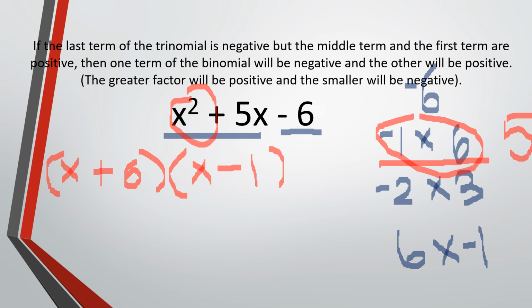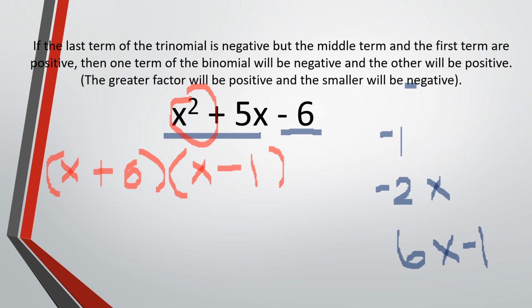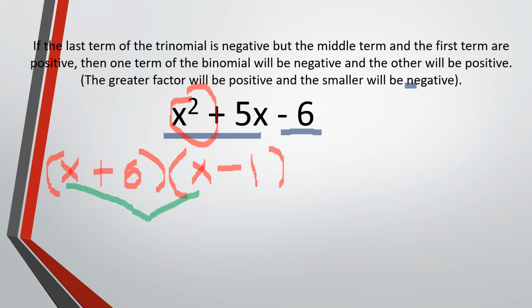Now, let us check if this is really correct. If you multiply x by x, the answer is x squared. If you multiply x by negative 1, the answer is negative x.